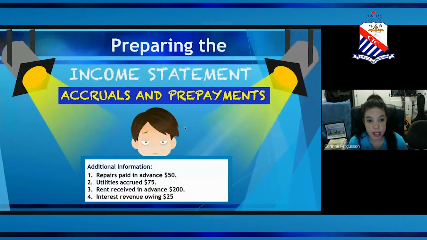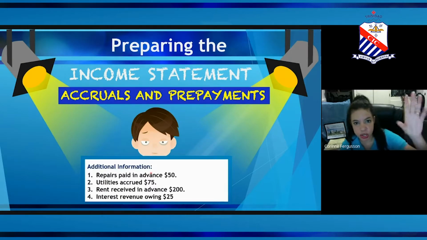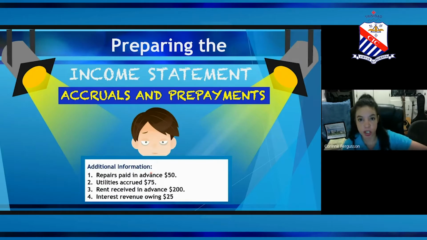And then we go into preparing the income statement. What you would have been introduced to is that there is additional information, what we call the notes to the accounts. You learned the trial balance, and the only thing that you knew was under the trial balance was your closing stock or closing inventory.